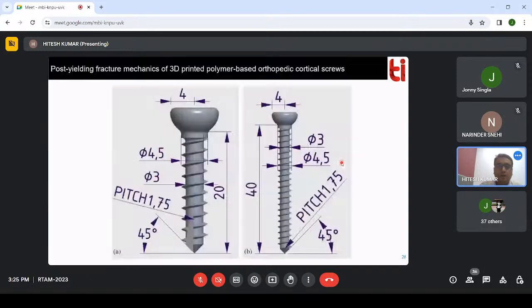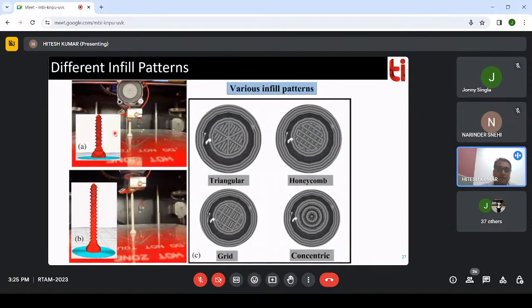It has some ASTM standards, in which the pitch of the screw is around 1.75, and the diameter and everything else is according to the ASTM standard. So this is the CAD model of the screw which we produced, and these are the different infill patterns which we studied in this part.